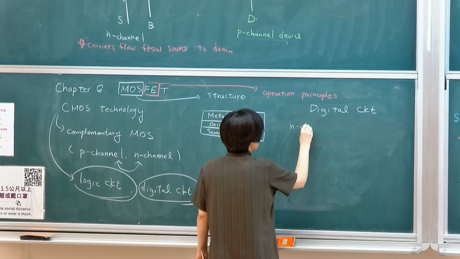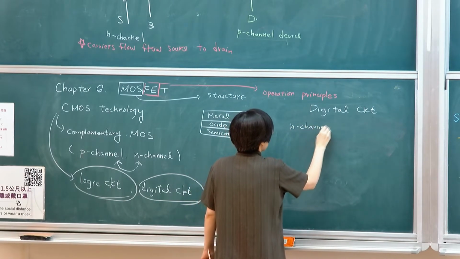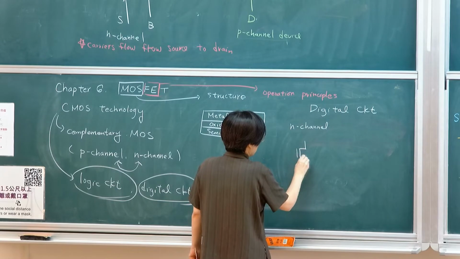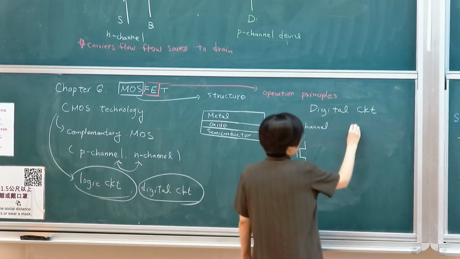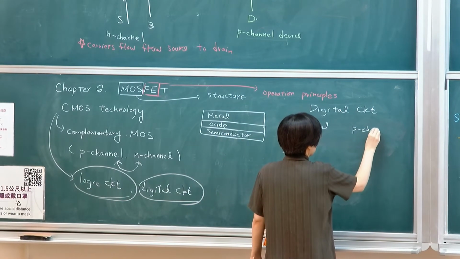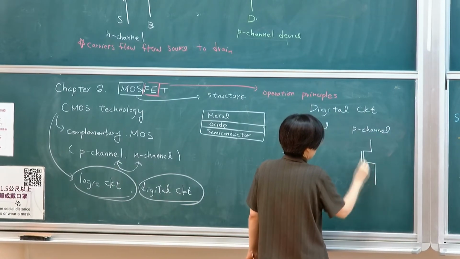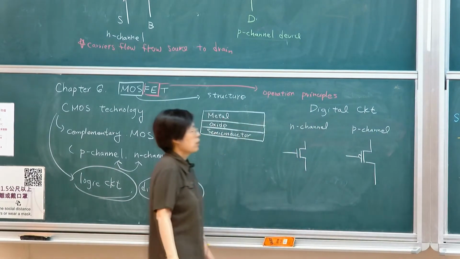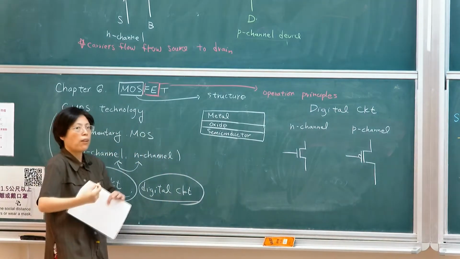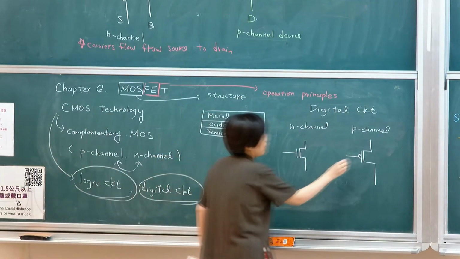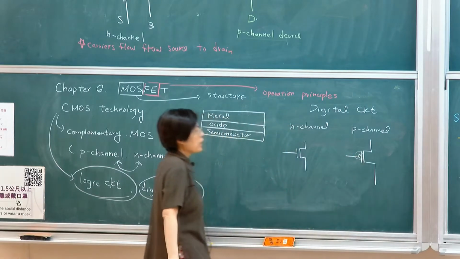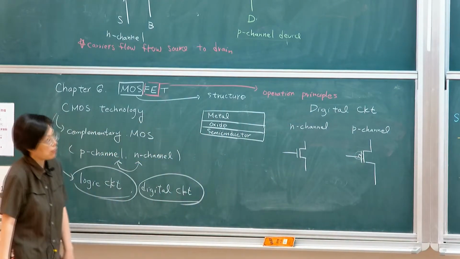N channel, P channel. You're more toward the logic concept of adding this. This is more to indicate you're having a P-channel device.